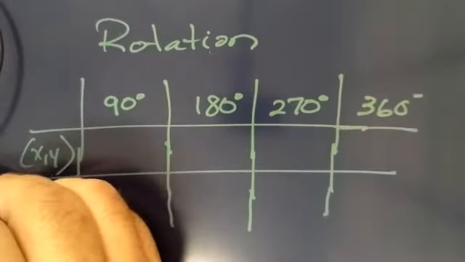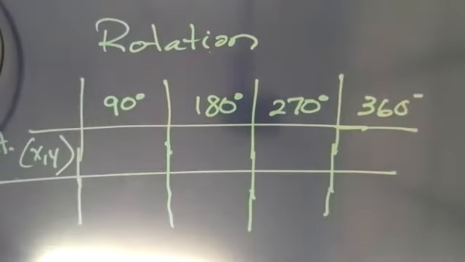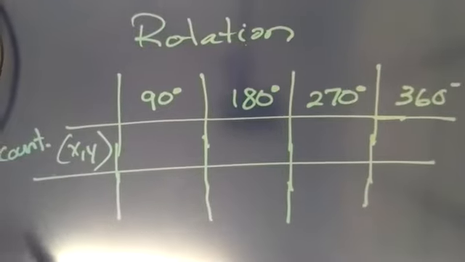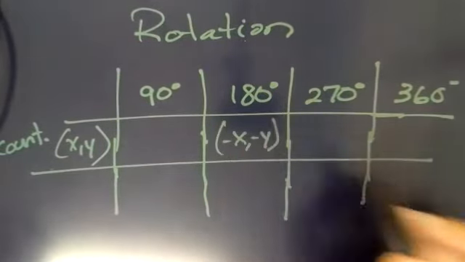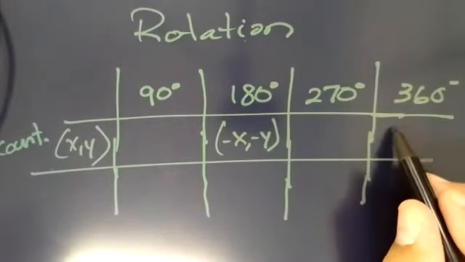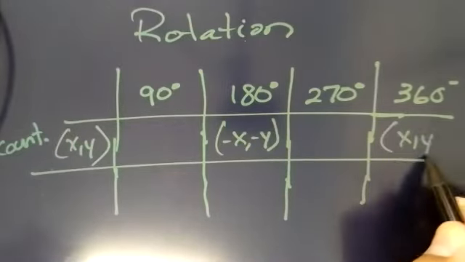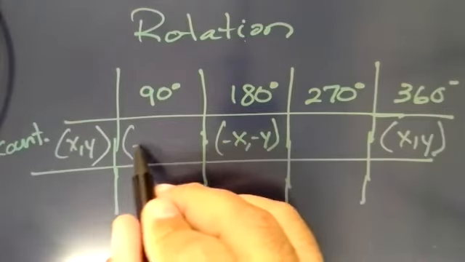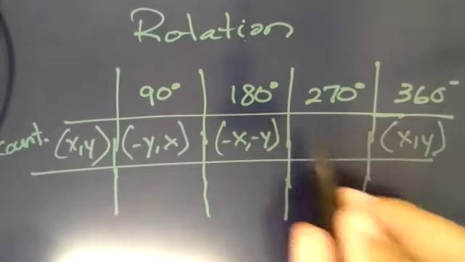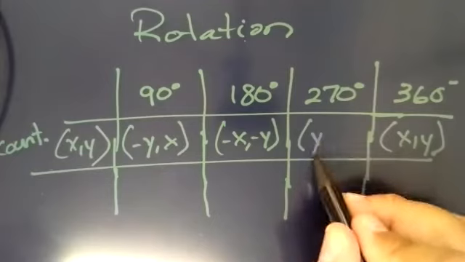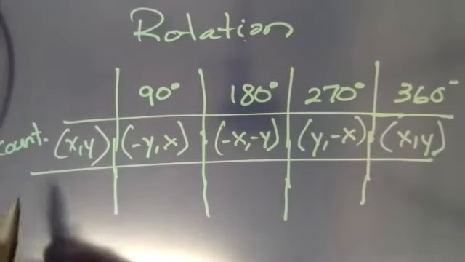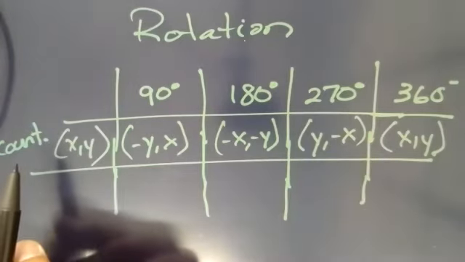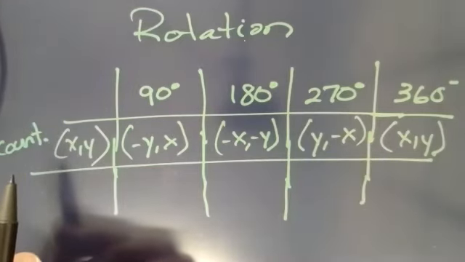This is going to be counterclockwise. All right. I told you this is negative X, negative Y. This will be X comma Y. This will be negative Y comma X. And this will be Y comma negative X. This is for a counterclockwise rotation.